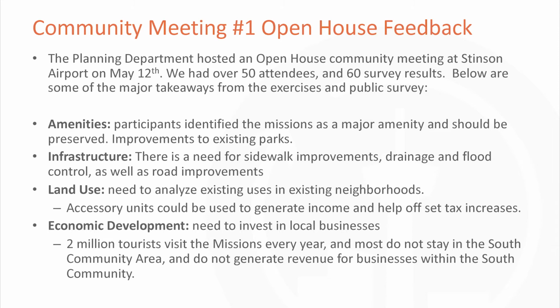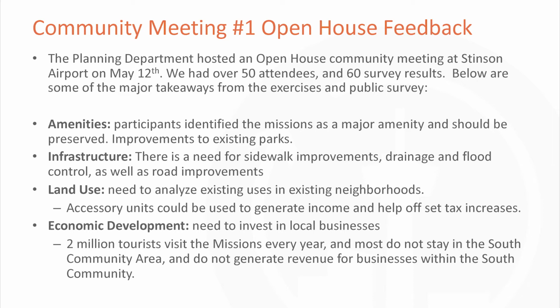First off, amenities. Participants identified the missions as a major amenity in the area. It should be preserved, and there should be improvements to existing parks. Infrastructure, as we know in the South area, there's a need for sidewalk improvements, drainage and flood control, as well as road improvements. And looking at land use, there's a need to analyze some of the existing land uses in the older neighborhoods and see what kind of zoning is appropriate for those areas.